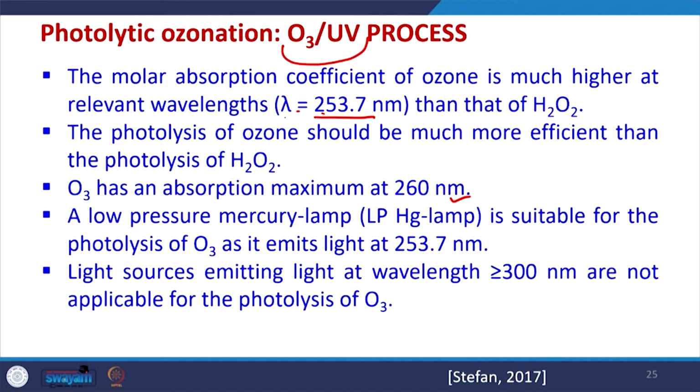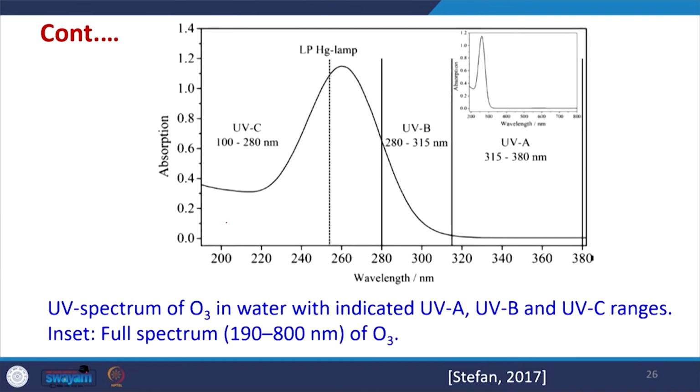A low pressure mercury lamp is suitable for photolysis of O3, as it emits this 253.7 nanometer UV light. So, this low pressure mercury lamp along with ozone can be used for treatment of water. Light sources emitting light at wavelengths greater than 300 nanometers are not applicable for this ozone UV process, so we have to use a low pressure mercury lamp.